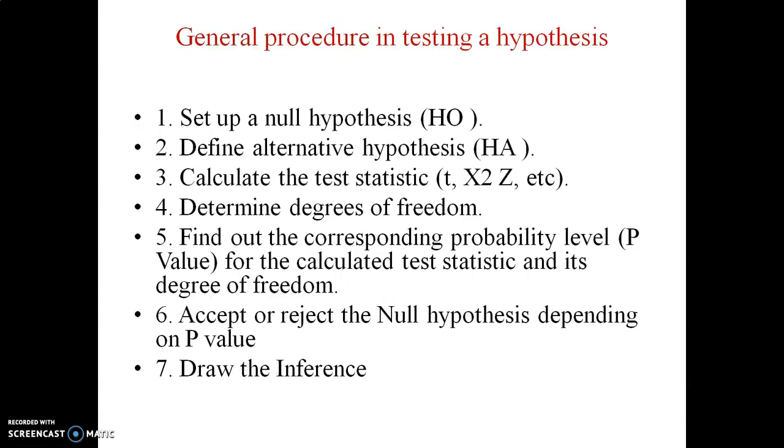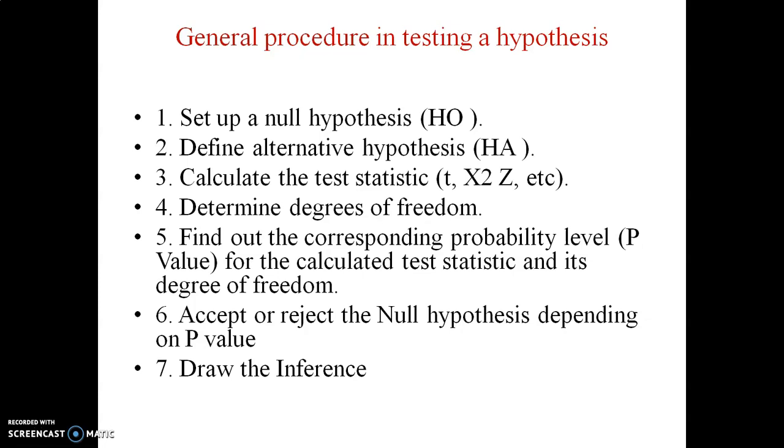The generalized procedure in testing a hypothesis: first we need to frame our hypothesis, define the alternative hypothesis, and identify the suitable test, either t-test, chi-square test, z-test or f-test, or whatever test comes under consideration. Then we calculate the test statistic, and we look at the table value accordingly.